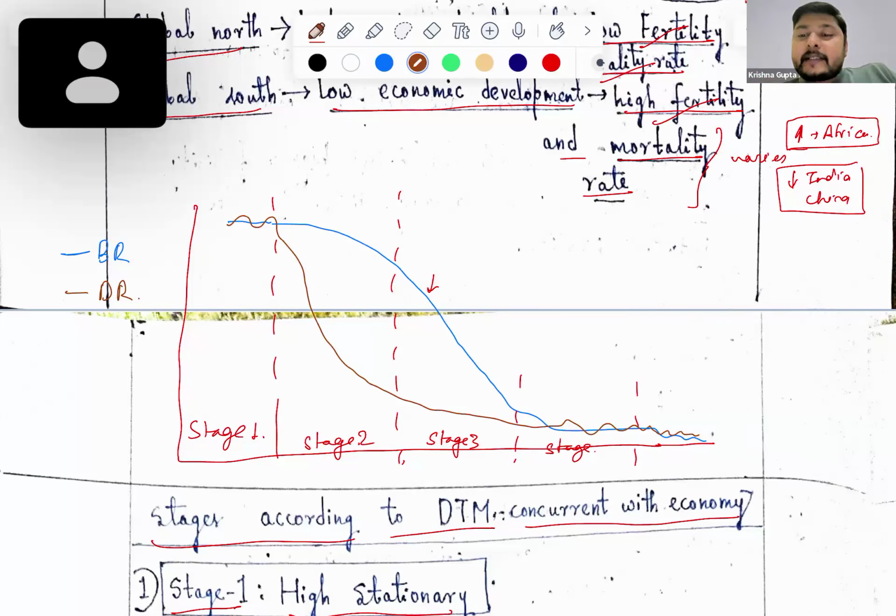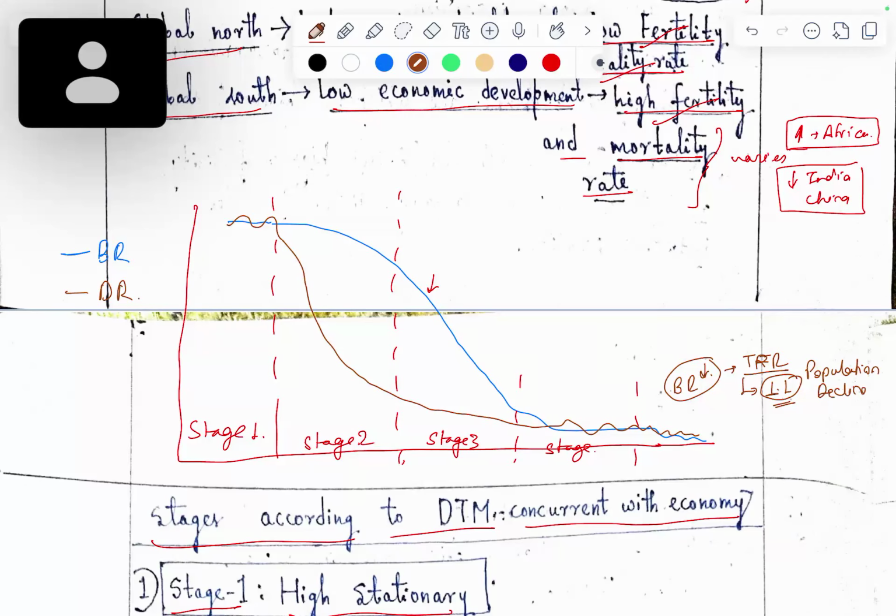The birth rate is declining sharply here, going below the replacement total fertility rate, almost reaching the point of 1.1, where the population declines. So 1.1, below 2.1. No, 1.1. So this is population decline.